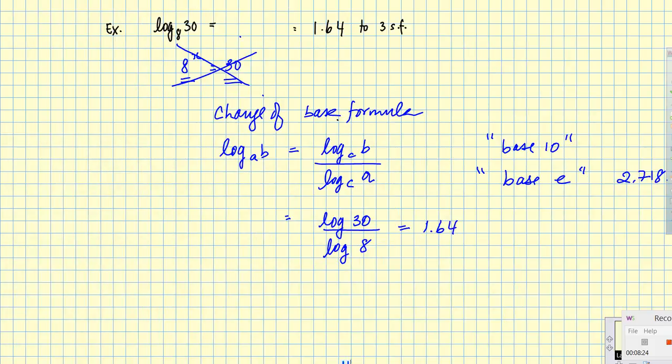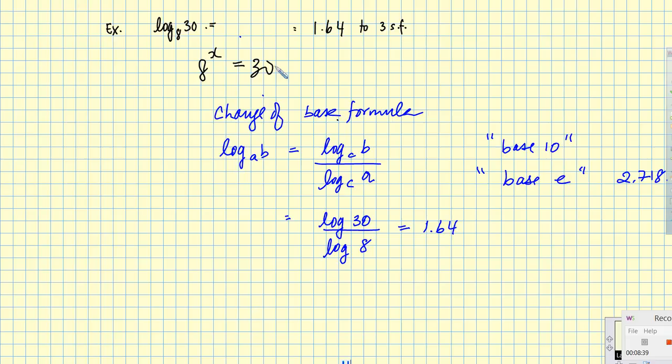All right. So let's take another example. So we have again log base 8 of 30 here. Now when I change it into the exponential form, when I take 8 raised to the power of x equals 30, I realize that I cannot bring these down to the same base.